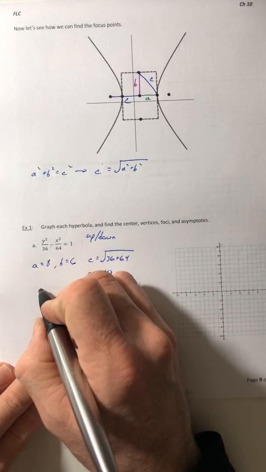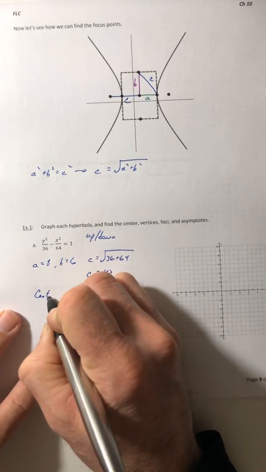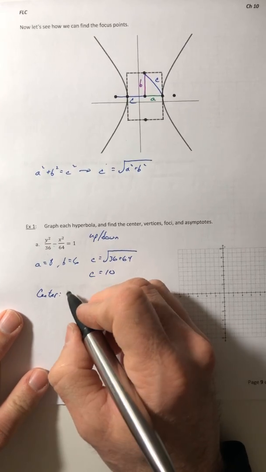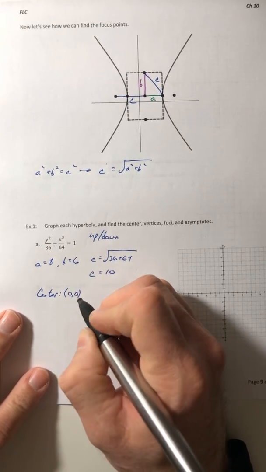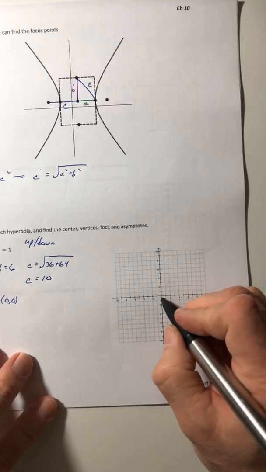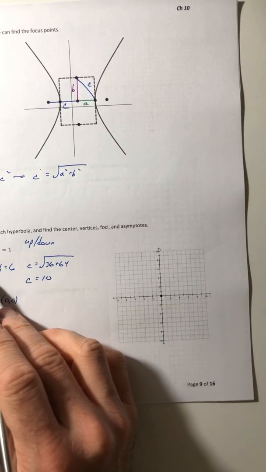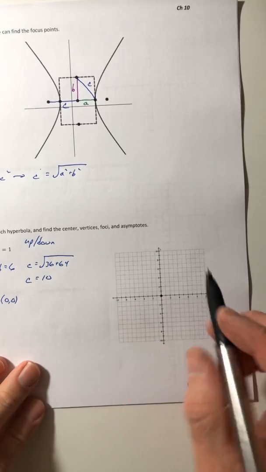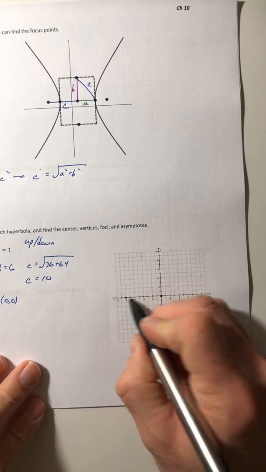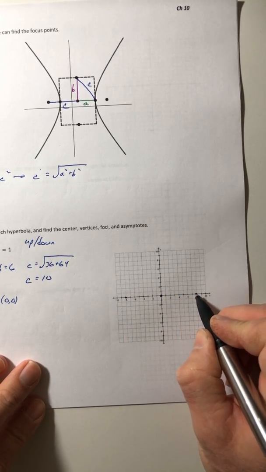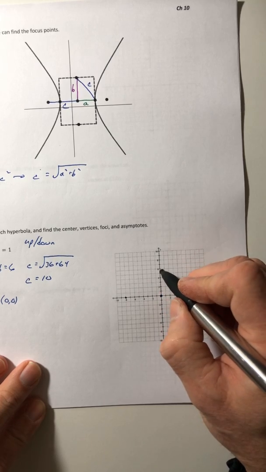So our center is going to be right at 0, 0. So right here at the origin. So we just go left and right by 8. Up and down by 6.